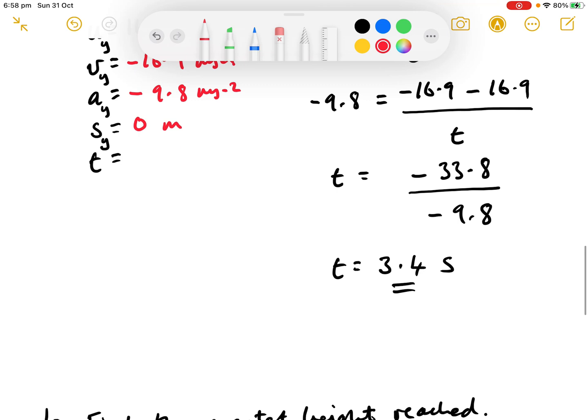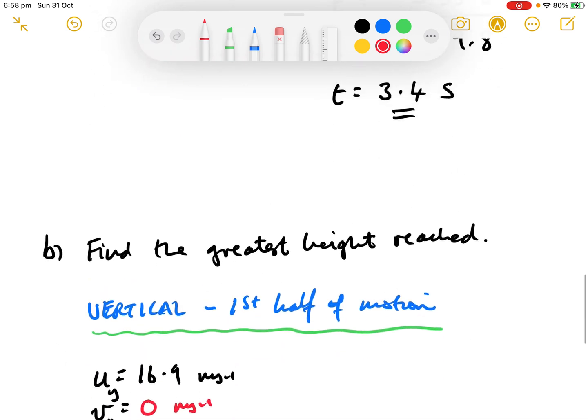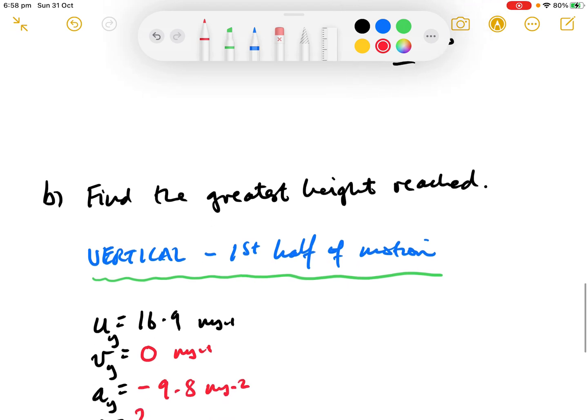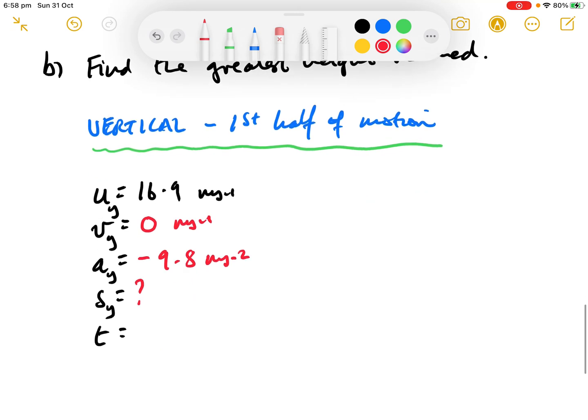Because I now know the time of flight is 3.4, I can easily say half of that is the time to the top of the flight if I needed it. But I can get away without any intermediate rounding of the time by just saying that v squared equals u squared plus 2as.